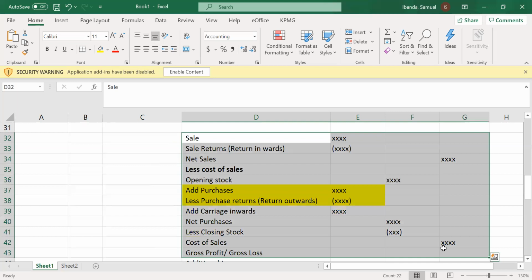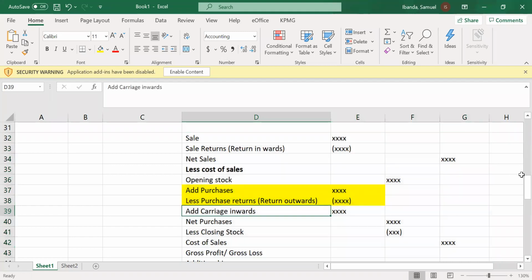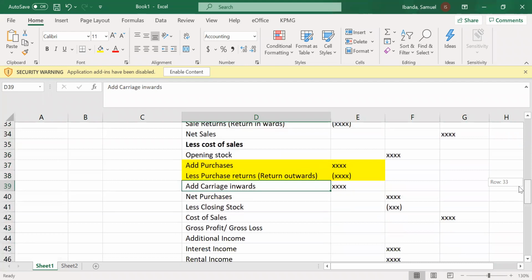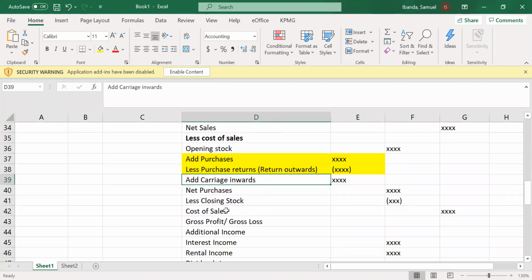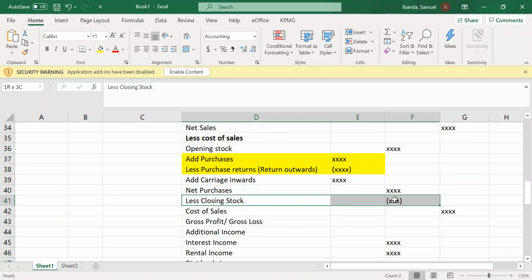You don't need to draw this in the exam, but I want you to observe something very critically here. When we are calculating our profit, we less our closing inventory where we are calculating our cost of sales. And I want you to watch more critically here.